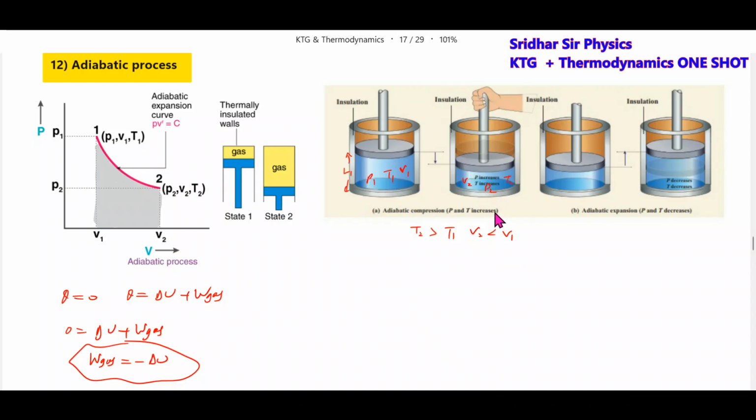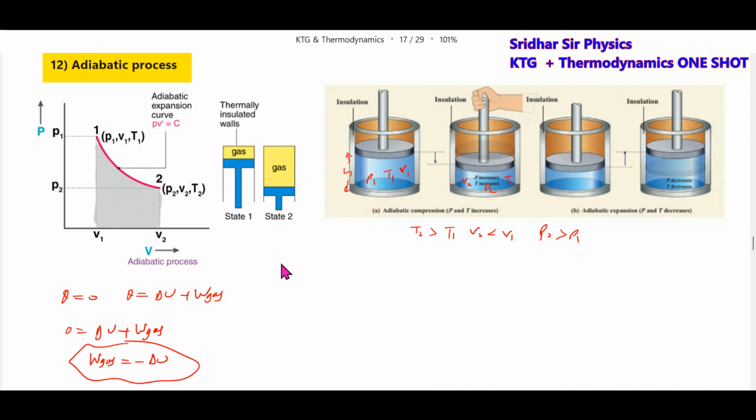Similarly, P2 greater than P1. I'll just press it, then the gas will undergo compression. The pressure will increase, volume will decrease, the temperature will increase. So it's a process where all three are variable. This is what happens in the case of the adiabatic process.